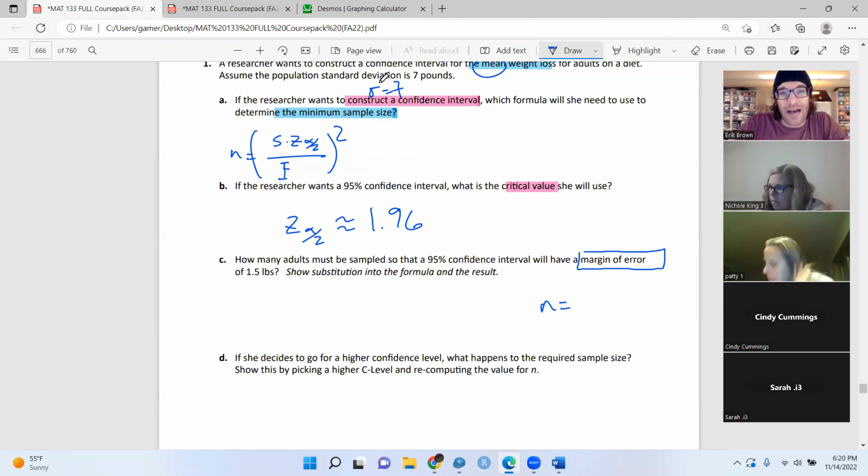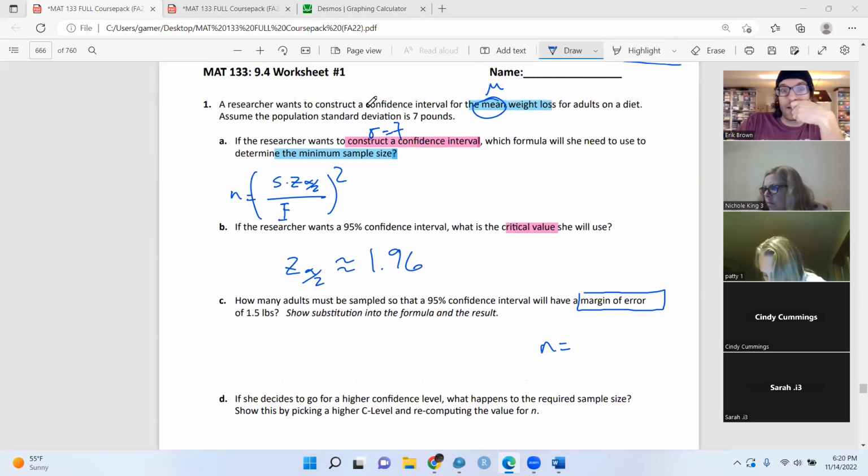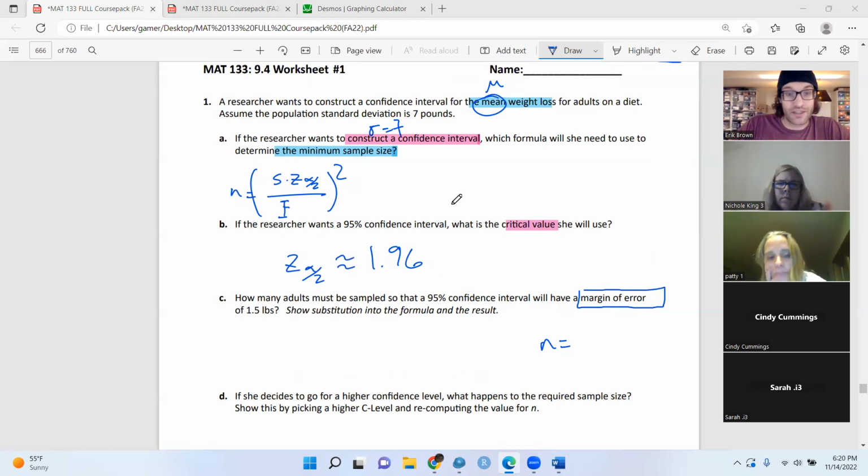Because it said population standard deviation is 7, and our formula wants us to use the sample standard deviation. It turns out the population standard deviation is always the best number to use. We just almost never know it. In this case, for whatever reason, we know that that's what it is. So apparently the population standard deviation for weight loss is 7 pounds.